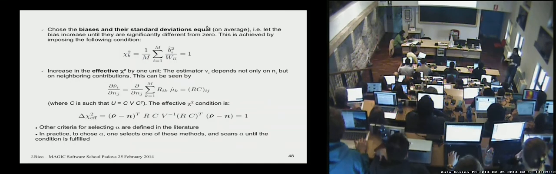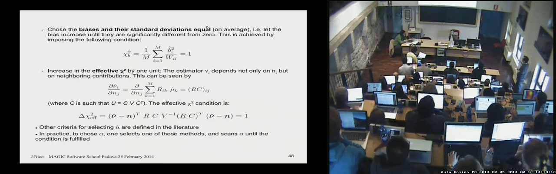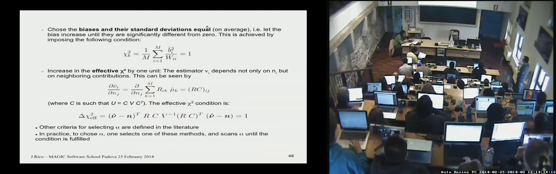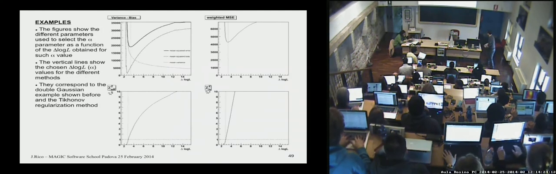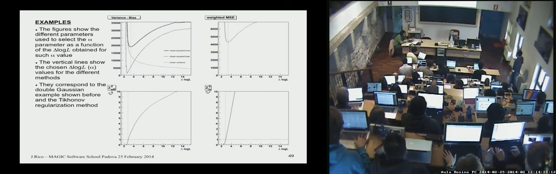So what you will do in practice is you choose an alpha, you select one of these methods, and then scan values of alpha until the condition is fulfilled, and this tells you what is the optimal value of alpha. So this is shown here for the 4 methods that have been explained.